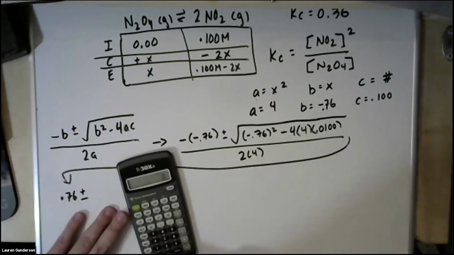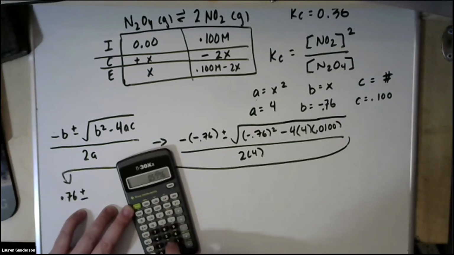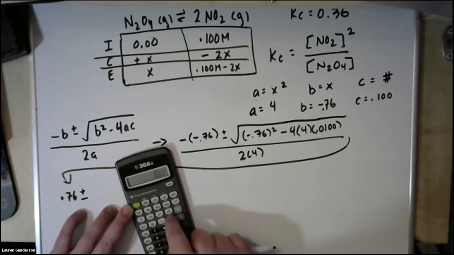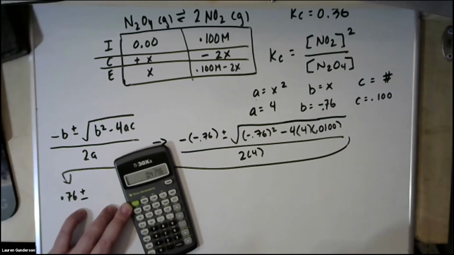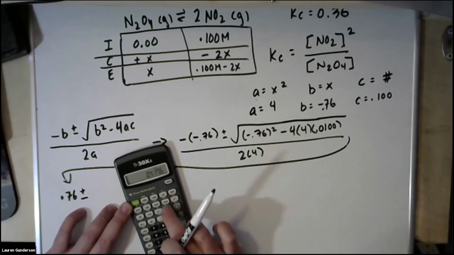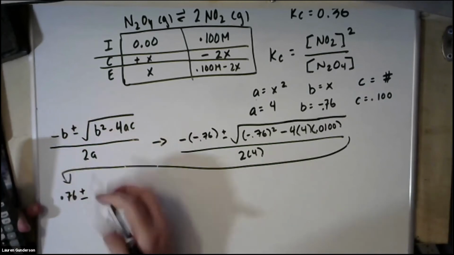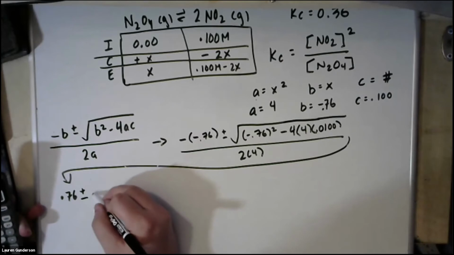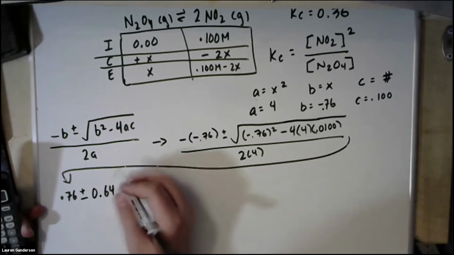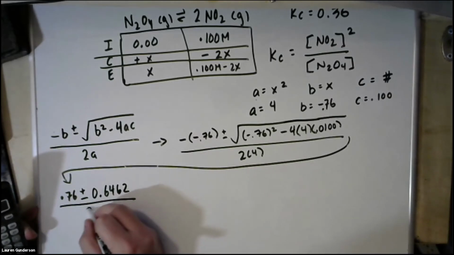So let me try that again. 0.76 negative squared minus parentheses 4 times 0.01. Okay, so I get 0.41476, and then I'm going to hit the square root key. And this value that I get is what I'm going to put right next to my plus or minus over here. So 0.6462. Okay, and we're going to divide that by 8.